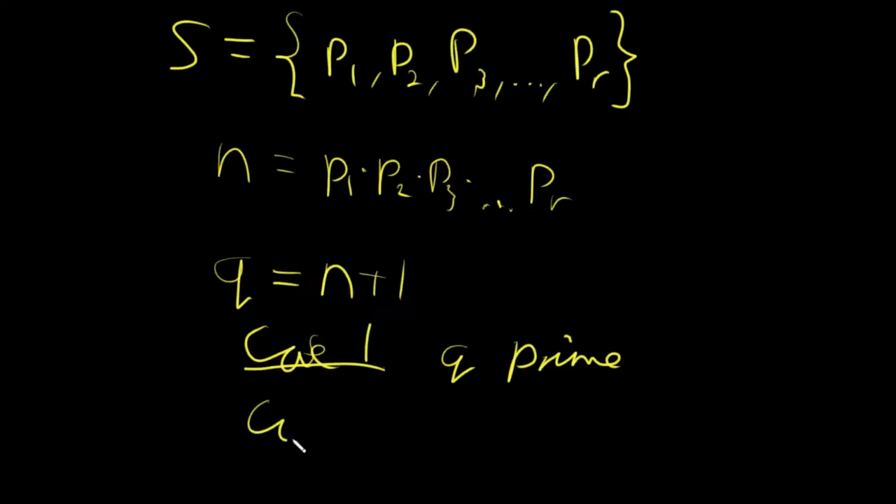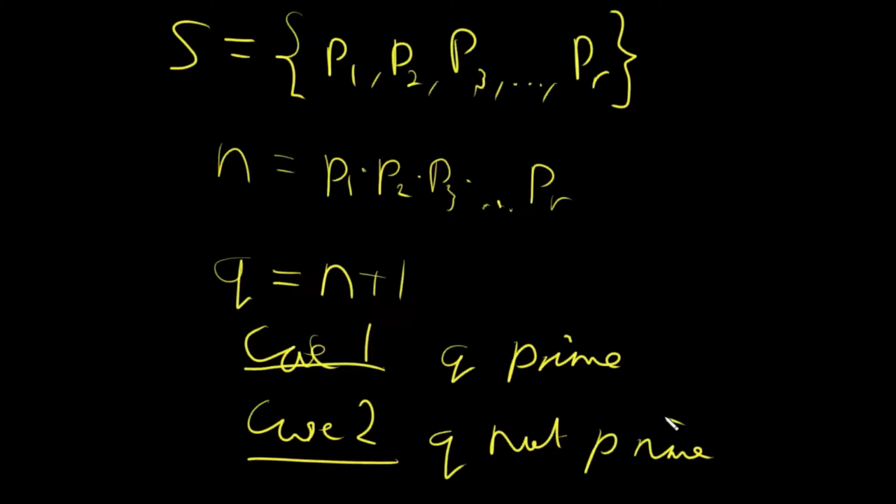Case 2, where Q is not prime. In this case Q must have a prime divisor, because if it's composite, then it will factorise into primes, because every integer has a prime factorisation, which is unique up to signs.